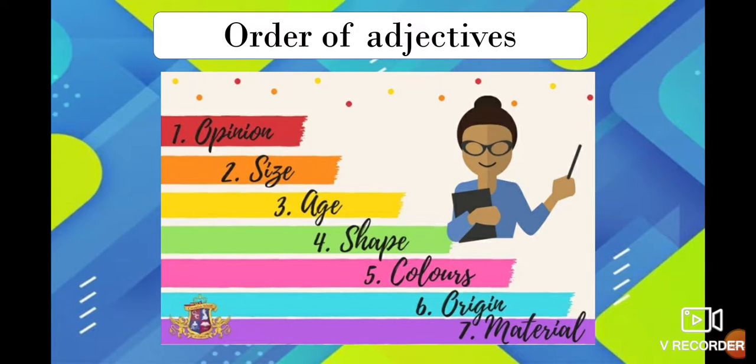Number one, opinion. Then number two, you mention the size, then the age, then the shape, the colors, the origin, and the material. Try to remember this order because it is necessary when you describe a person or an object or maybe a place. First the opinion adjective, then size, then the age, then the shape, then the colors, the origin, and also the material.